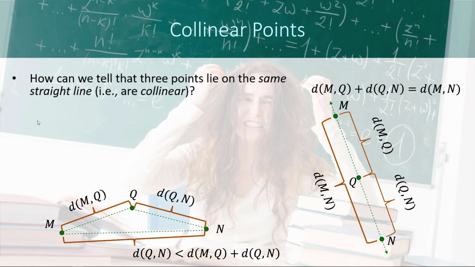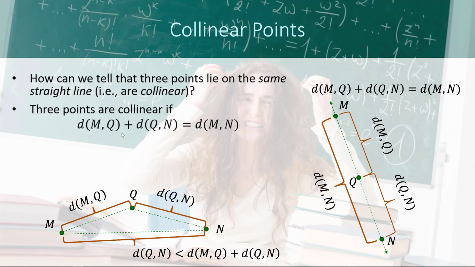Now we can also use the distance formula to determine if 3 points are collinear. And how can we do that? Well, it turns out that if 3 points are collinear, then the two shorter distances will add to the longer distance.